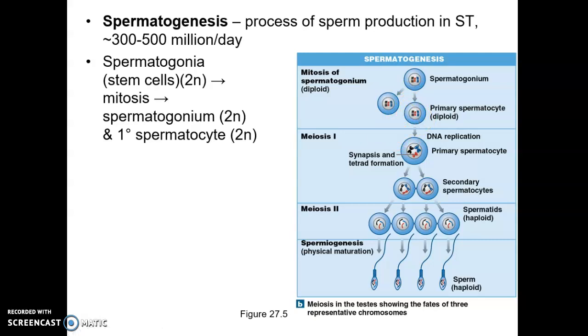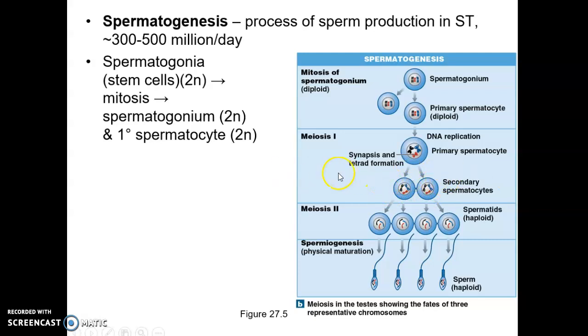Okay? The primary spermatocyte undergoes development and divides itself under a new type of cell division called meiosis to produce secondary spermatocytes.